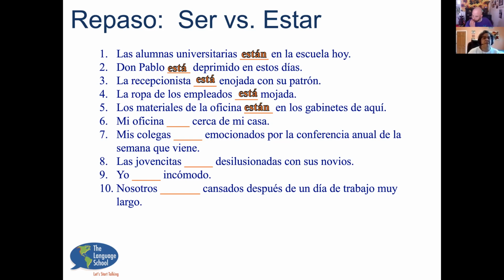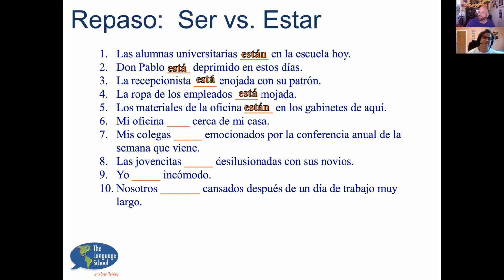Mi oficina. These are the ones I struggle with. Is it location? ¿Está cerca de mi casa? No, or es. Yeah. It's one of those gray areas. It's okay.